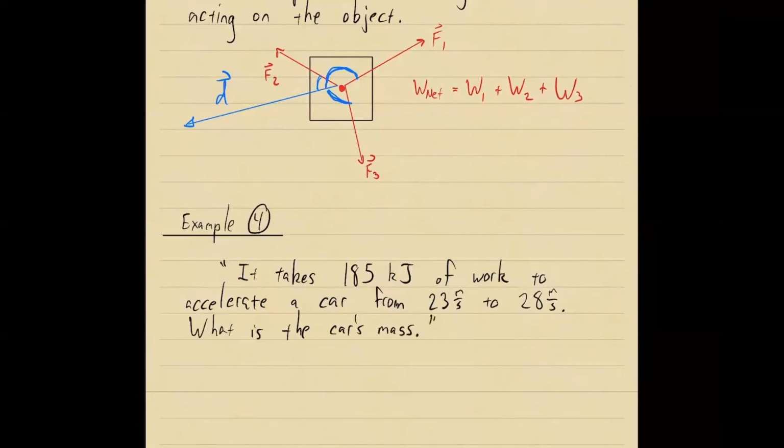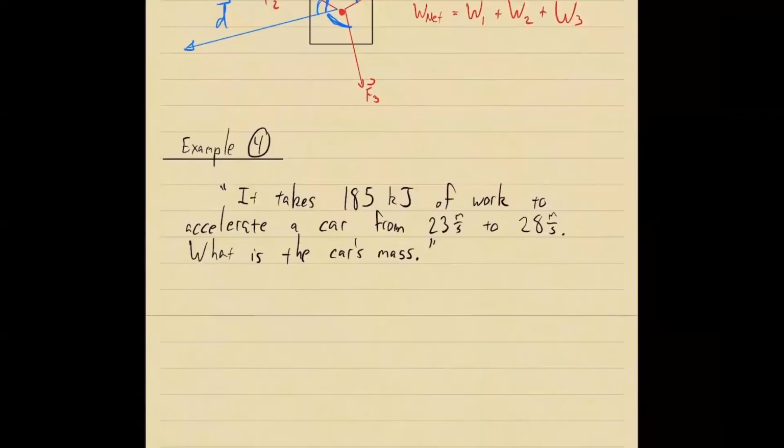So the work done is equal to the change in kinetic energy, which is 1/2 the mass of the car times the car's final velocity squared, minus 1/2 times the mass of the car times the car's initial velocity squared. And so we're trying to find mass, but the mass of the car doesn't change.